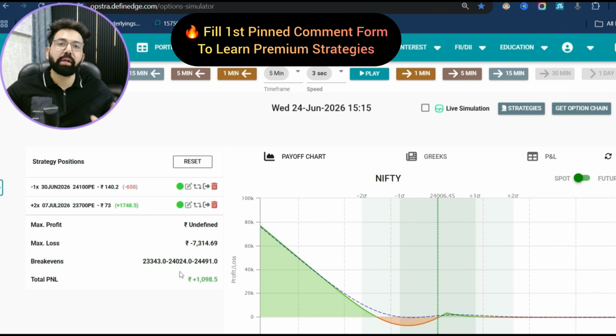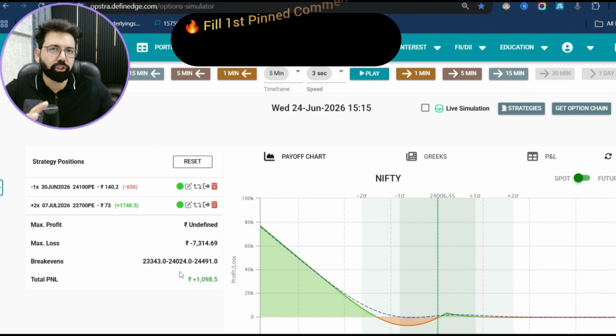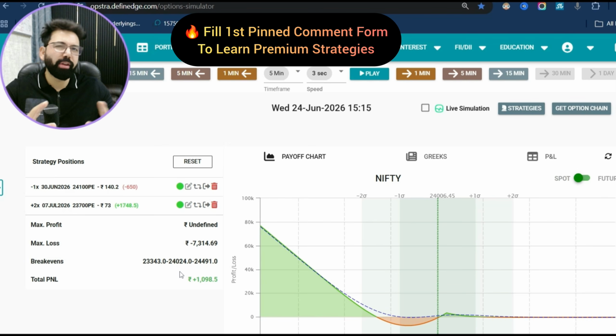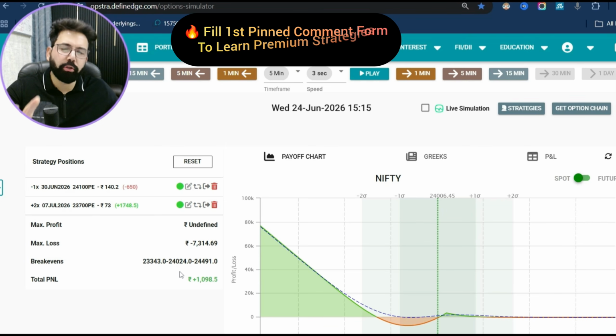Direction we cannot predict. I cannot tell you exactly when we should do this, but we can take advantage of the gap down. Or suppose we already have option trades, naked option trades in our portfolio, but we're a bit worried about a gap down and we don't want to spend too much because we want less margin requirement.